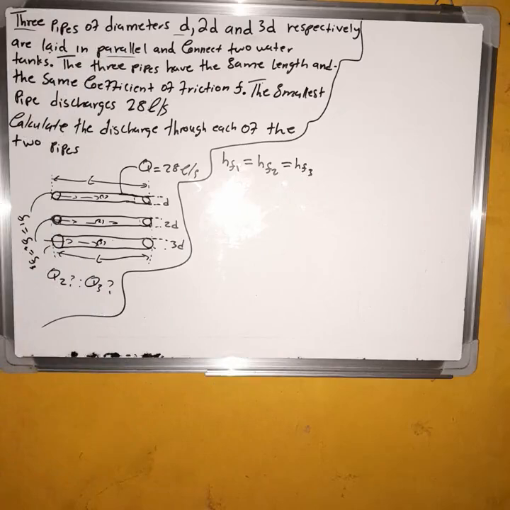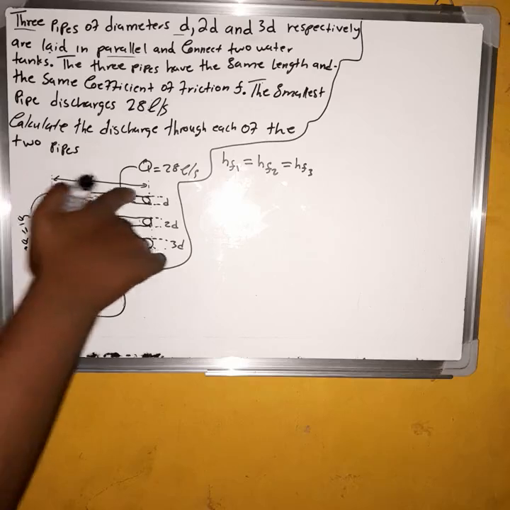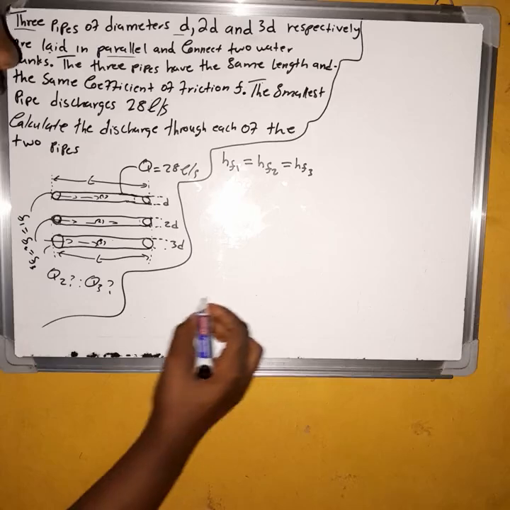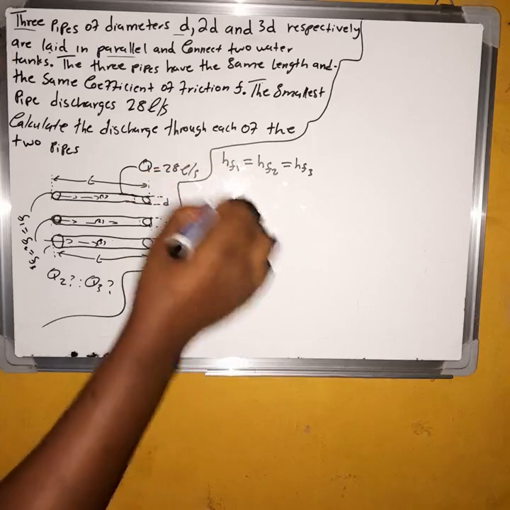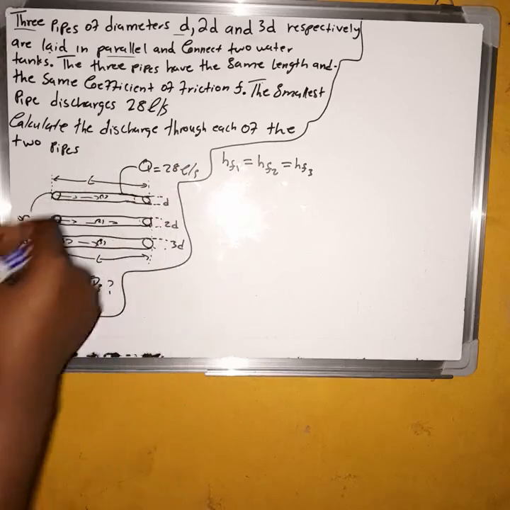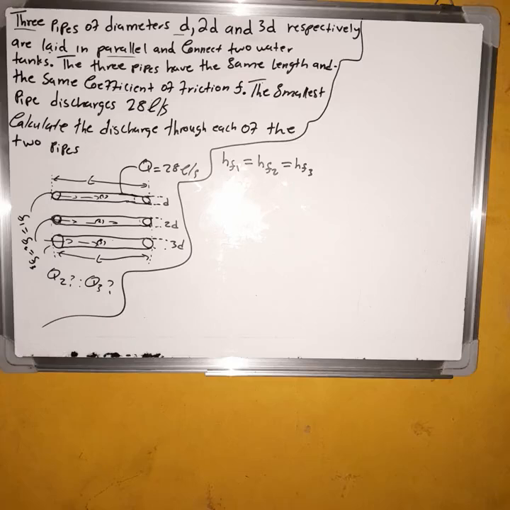There are 3 pipes there. Since there are 3 pipes, we want Q, the discharge, to make our life easy. If they want you to calculate the discharge, use this one. To make our life easier, we won't use the formula of HF that has velocity.